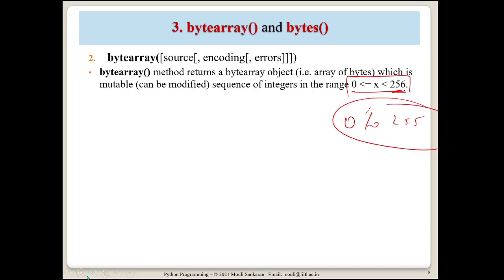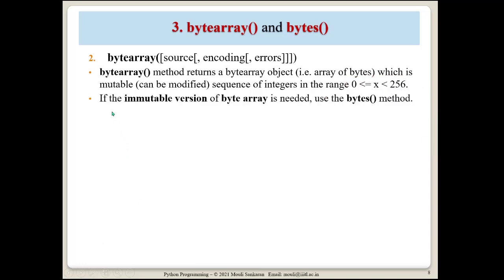I'll show you some examples of how this can be understood. Right now, don't worry about this. Now, suppose you want a byte array created which is immutable, then you can use the bytes function. So both are returning a byte array. This is a mutable byte array, whereas bytes gives you an immutable byte array. That's all. The name looks like bytes, but don't think that it's not an array.